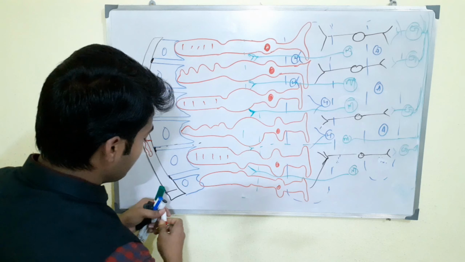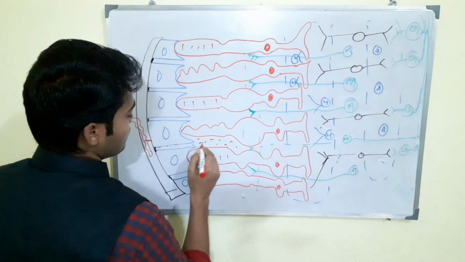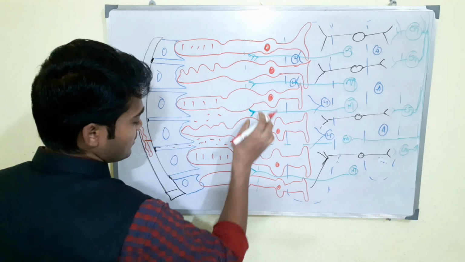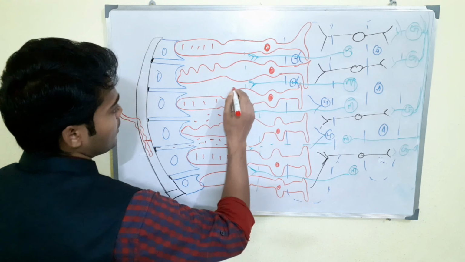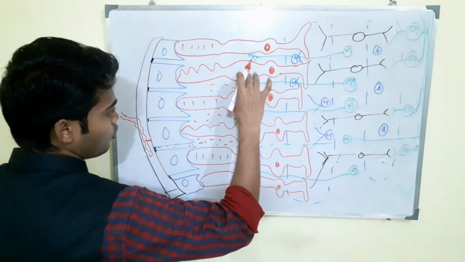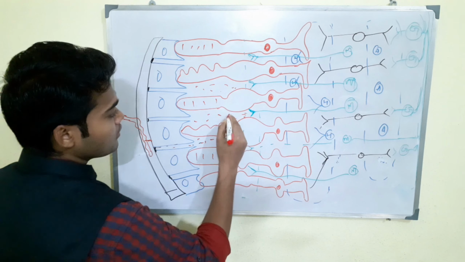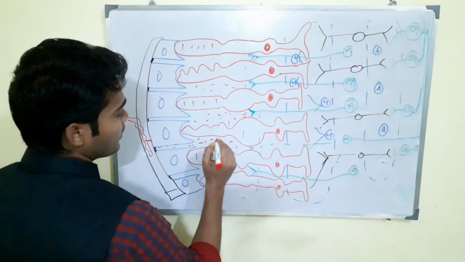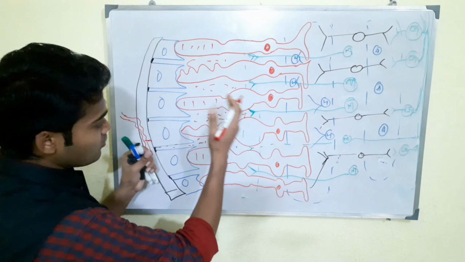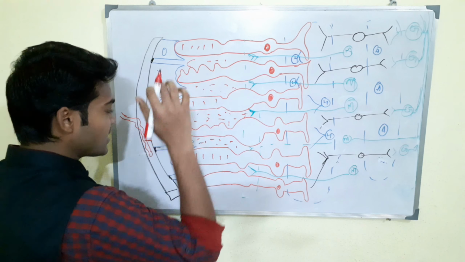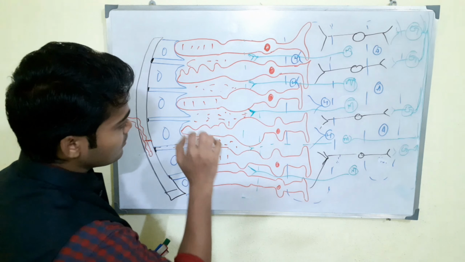Here a matrix is also present. Suppose this outer limiting membrane, which is formed by the cilia of the Muller cell, holds the cells like a holder, and then protects the matrix present inside the rod and cone cells, so they remain in their own position.